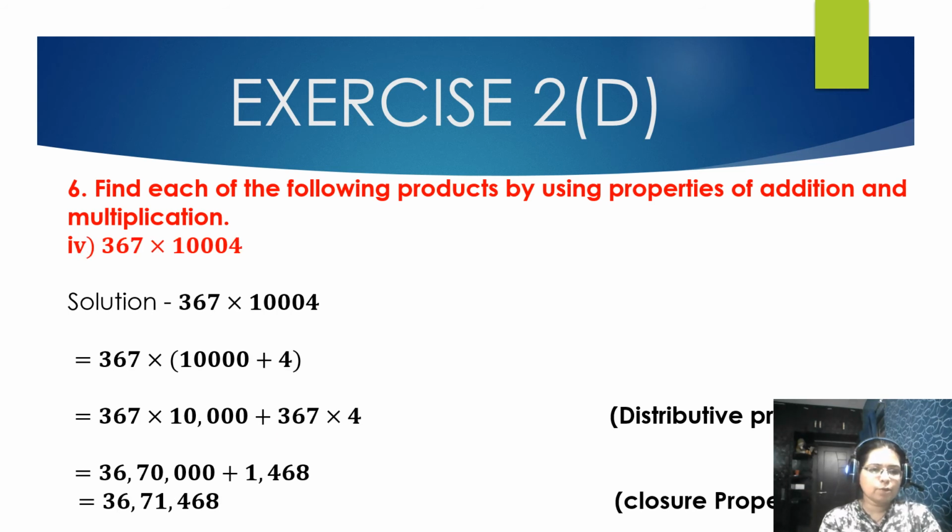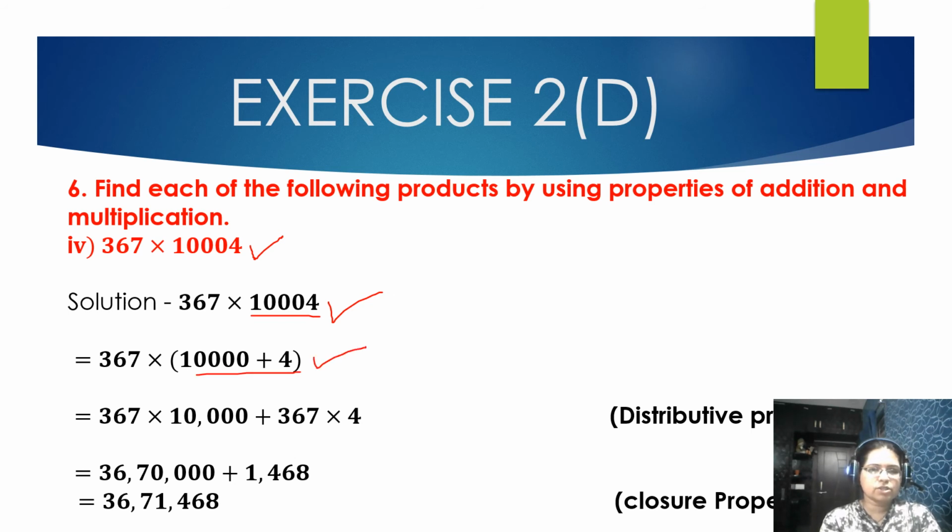Now we have to find the product of fourth bit. Fourth bit is 367 multiplied by 10,004. We have to find the product using the properties of addition and multiplication. We can write 10,004 as 10,000 plus 4, inside the bracket.